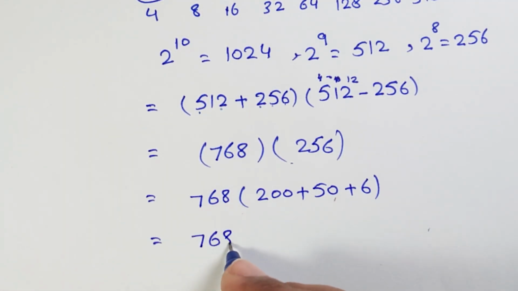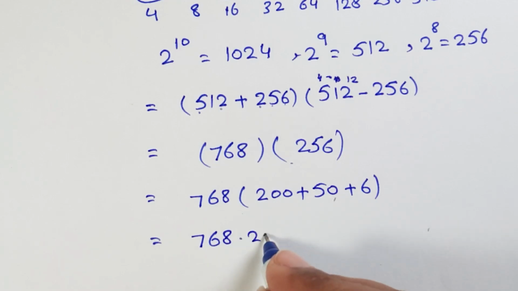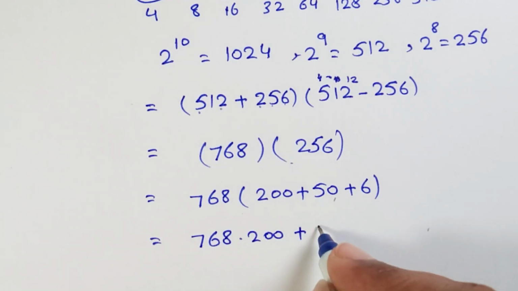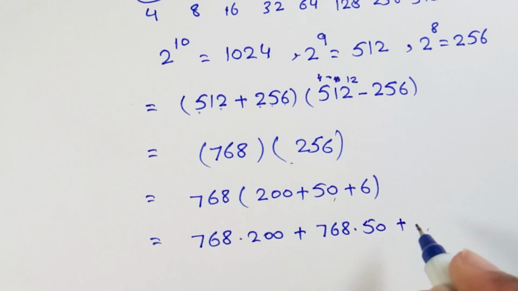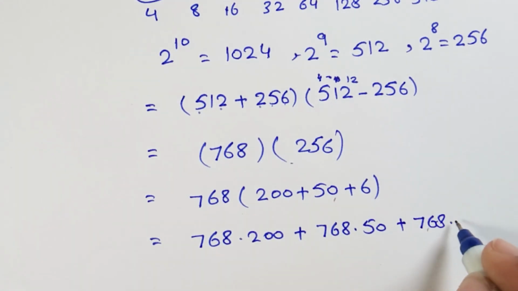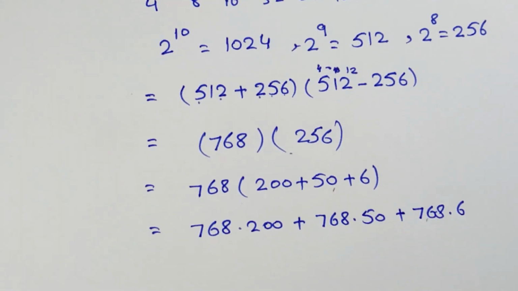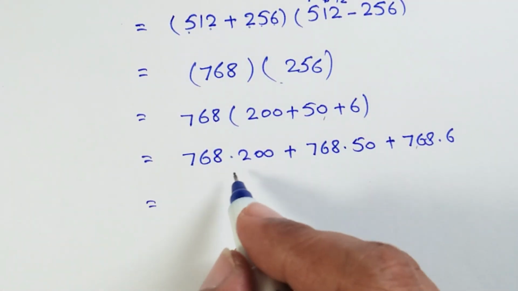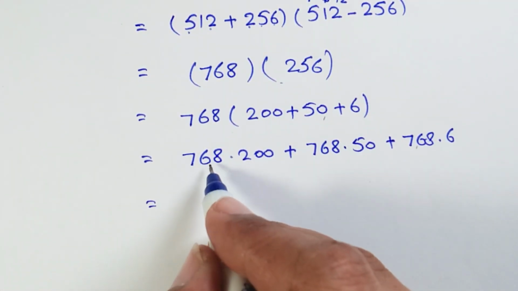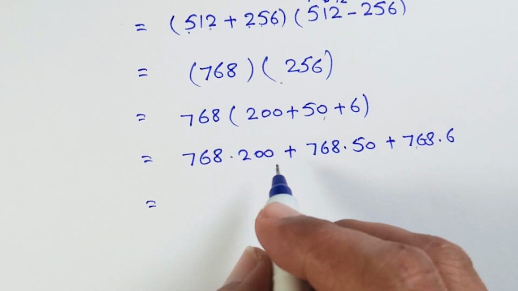So 768 times 200 plus 768 times 50 plus 768 times 6. First of all, we will multiply 768 times 200.